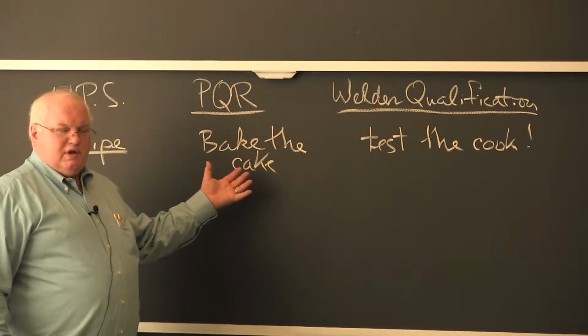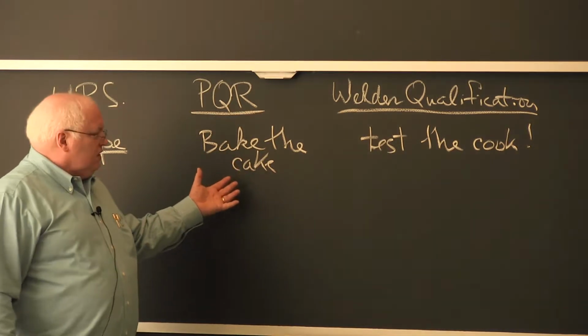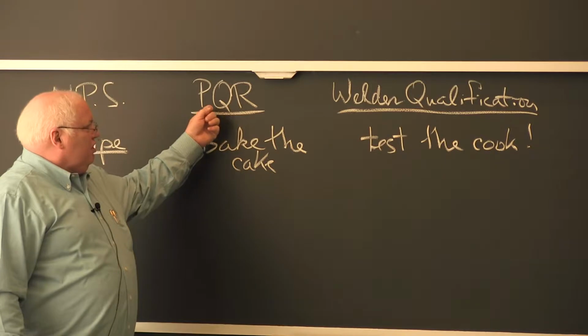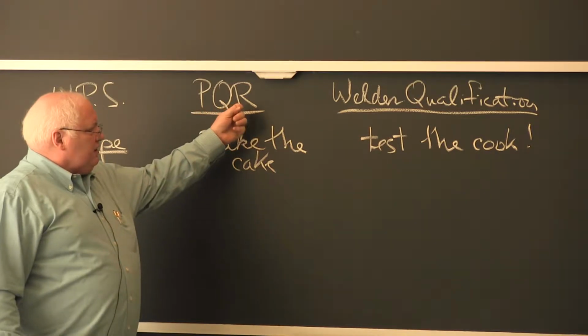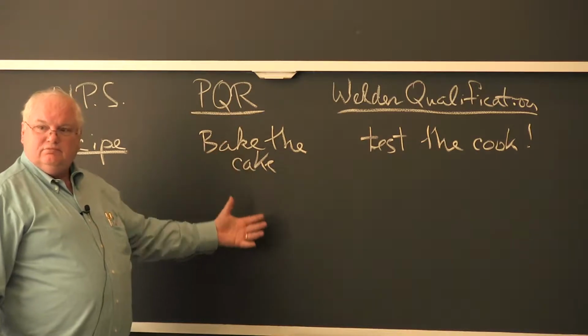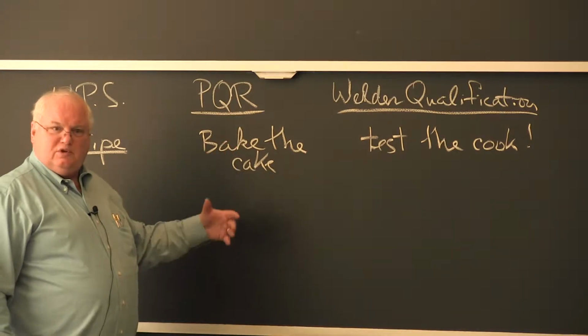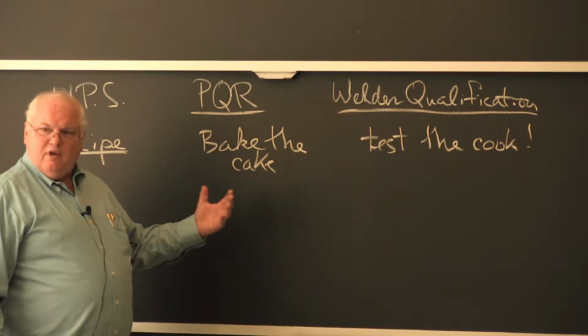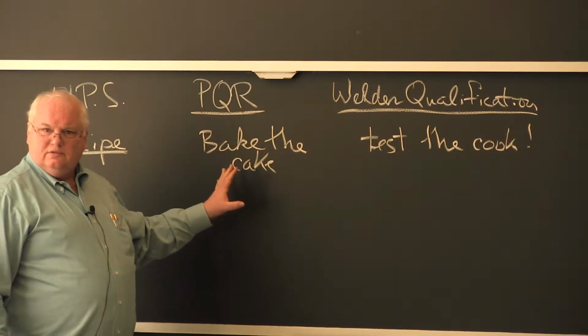There's a whole set of things in the codes, and you test the weld. So it's a procedure that you're going to qualify, and this is the record to show it passed. The cake was properly done. It wasn't burnt. It wasn't undercooked. It didn't fall apart. It works.